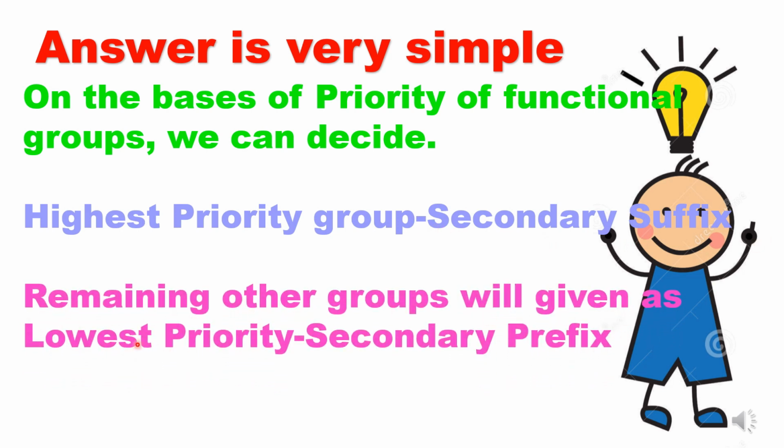The answer is very simple. On the basis of the priority of functional groups, we can decide which group will be the secondary suffix and which will become the secondary prefix. The highest priority group will become the secondary suffix, and all the other groups, having lower priority, will become secondary prefixes.